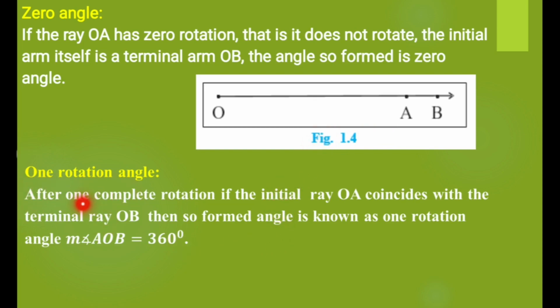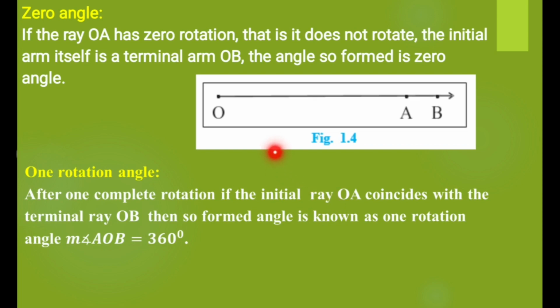So we write here, one rotation angle. After one complete rotation, if the initial ray OA coincides with the terminal ray OB, then the angle so formed is known as one rotation angle. Measure of angle AOB is equal to 360 degrees.